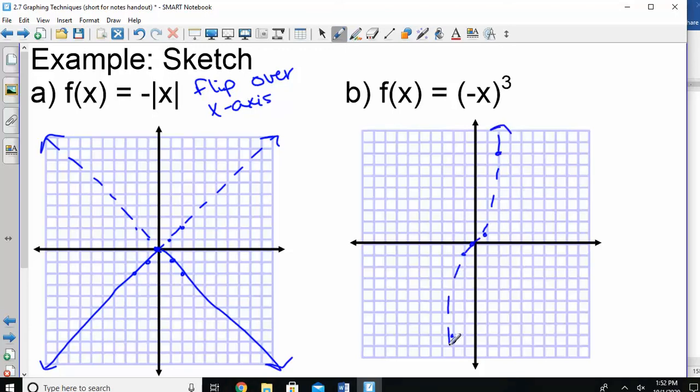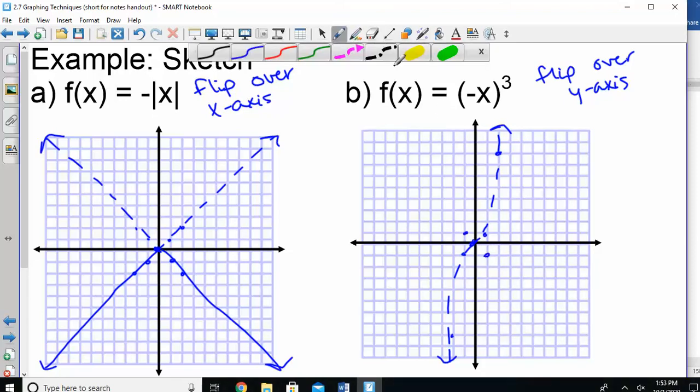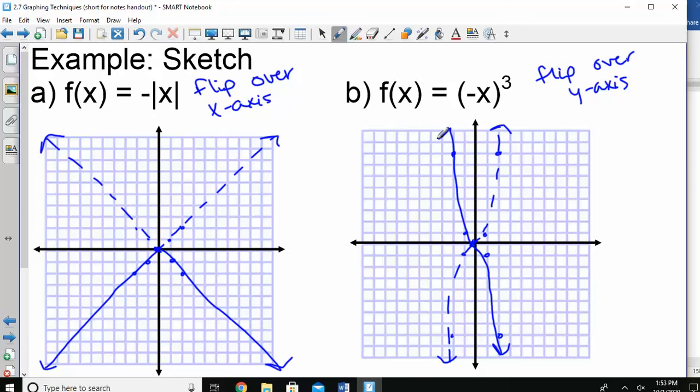Negative on the inside says make your x negative, so it flips it over the y-axis. A minimum of 3 exact points when you do that. Any questions there?